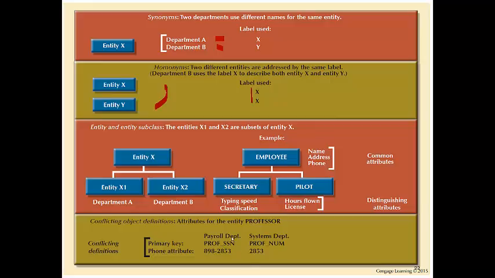Well, here's a little example. So the payroll department wants to keep the professor's Social Security number as the key for professor, but in the systems department, Professor Num is a fine key, and so, interesting. They also store the phone differently.